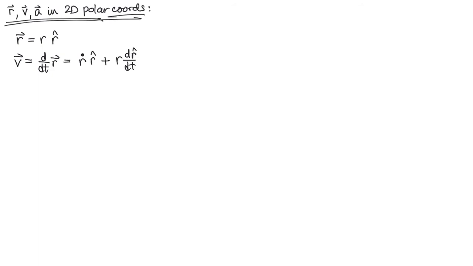In other words, we've done the product rule on the two terms of the right-hand side of the position vector, and we know that the time derivative of r hat is phi dot phi hat. So we can make use of that in the following way.